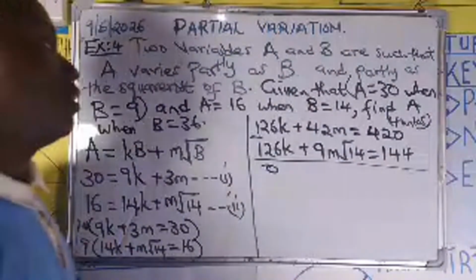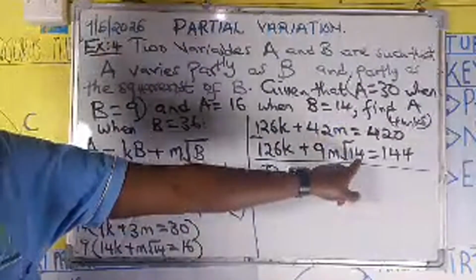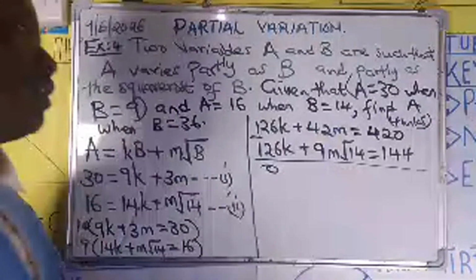Then we have 42m minus 9m times the square root of 14. Nitafutieni square root ya 14. What is the square root of 14?